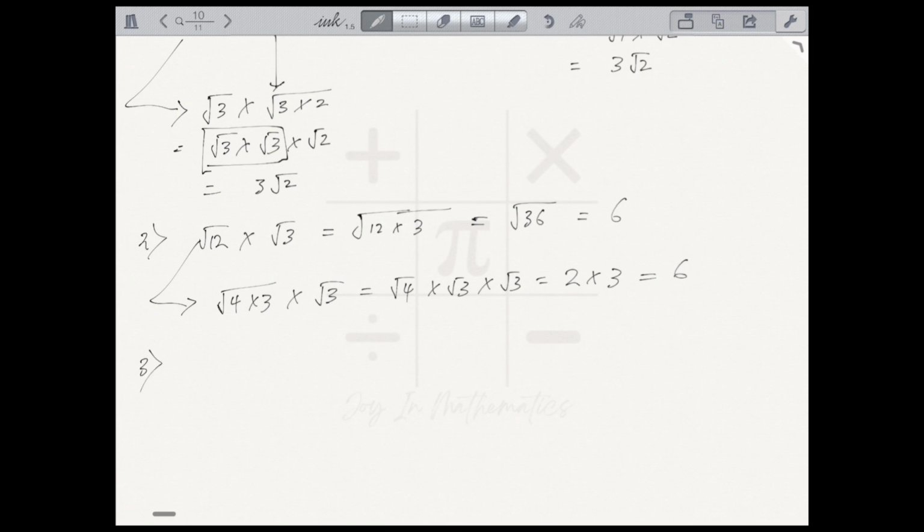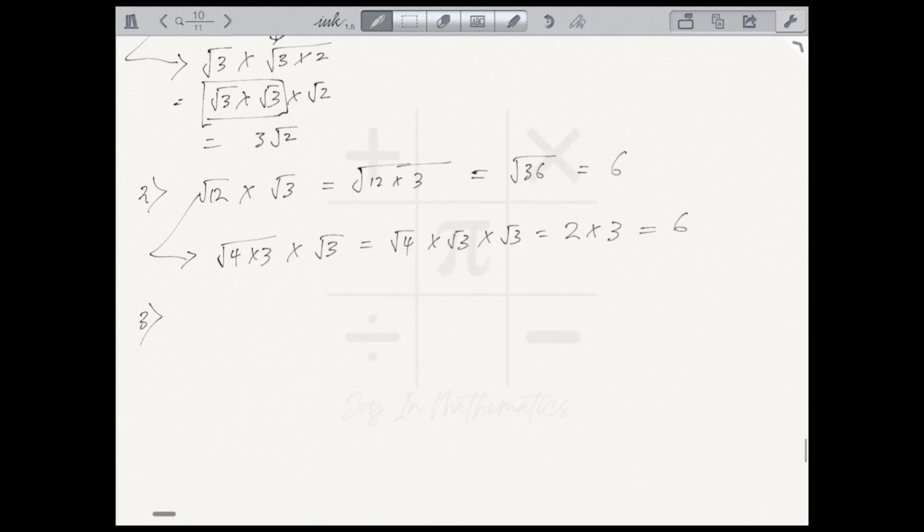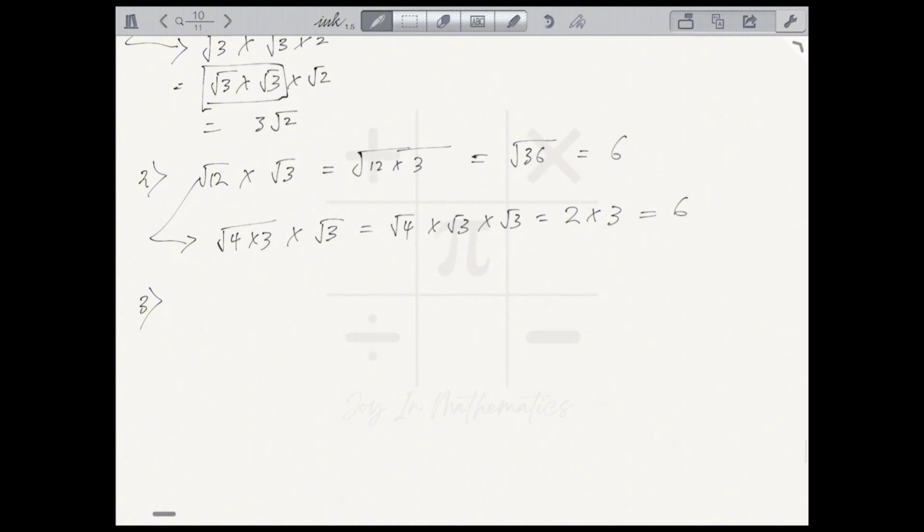So let's take another question. Now this might be quite long, but it is very important for our understanding. This question says root 2 multiplied by root 3 multiplied by root 5 multiplied by root 12 multiplied by root 45 and multiplied by root 50. Yes, it is quite long, but it is necessary for us to understand how these things work.